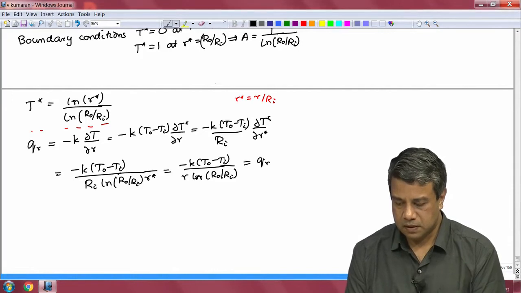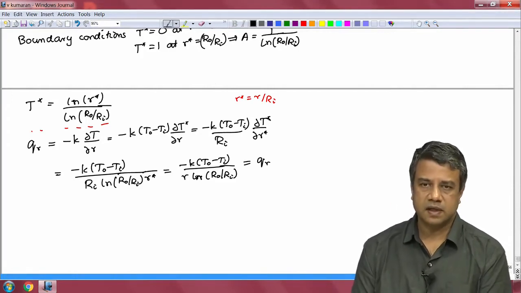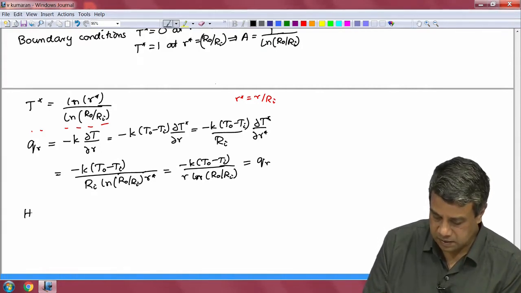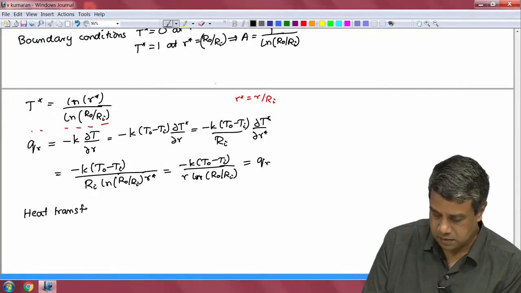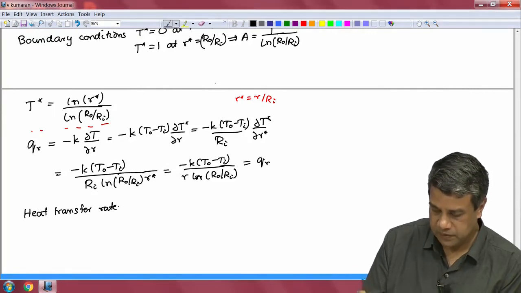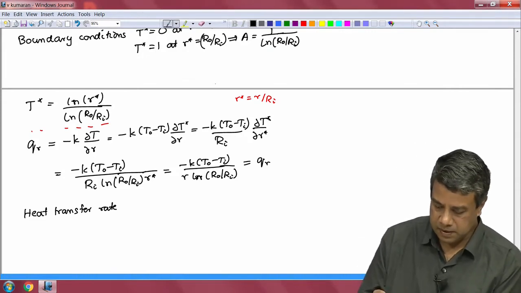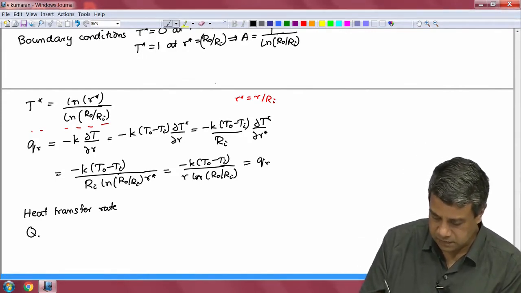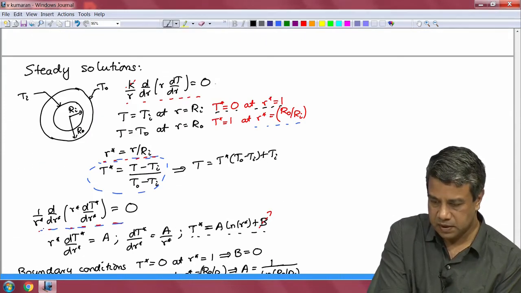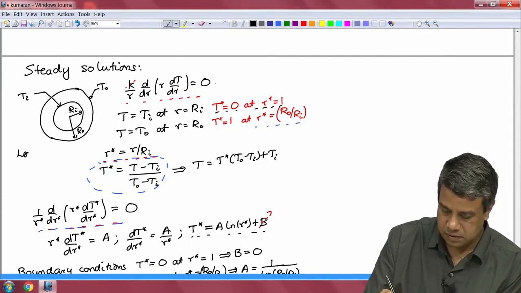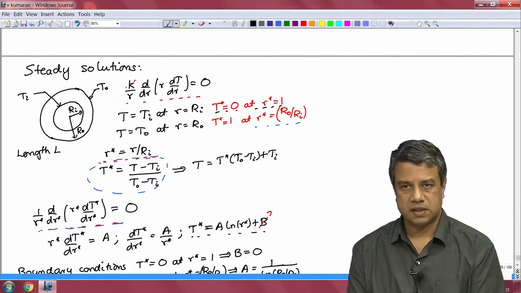Now, you can get the heat transfer rate at any radius r by multiplying the heat flux q r by the surface area.